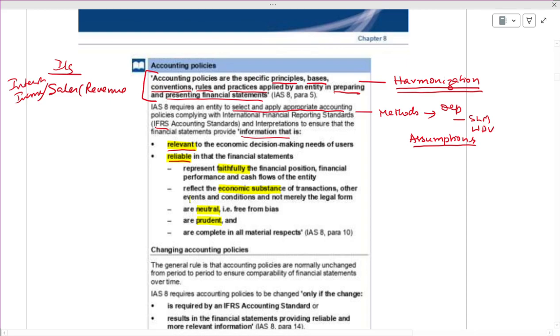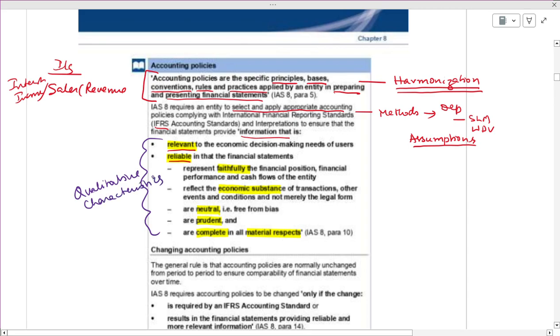And most important, it should be complete in all material respects. These are all qualitative characteristics.